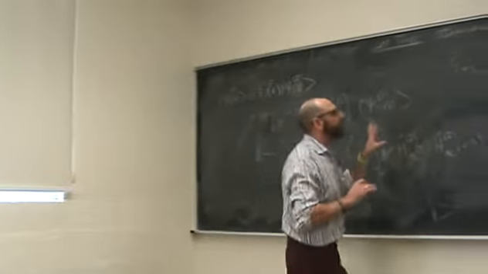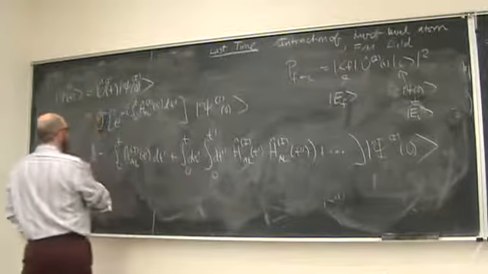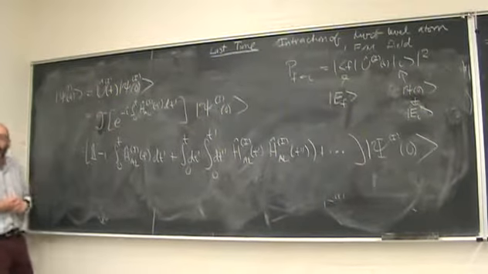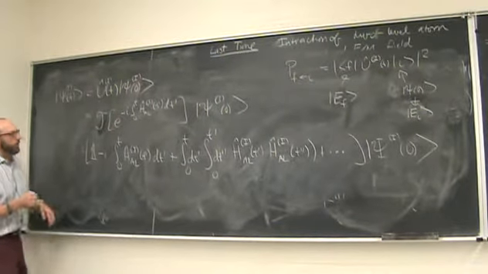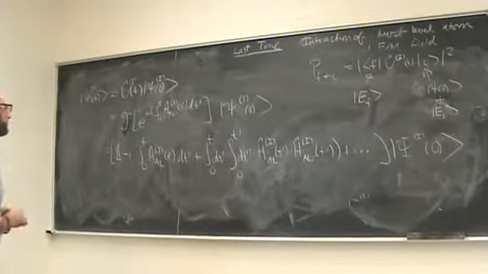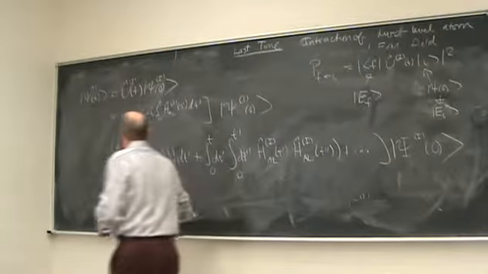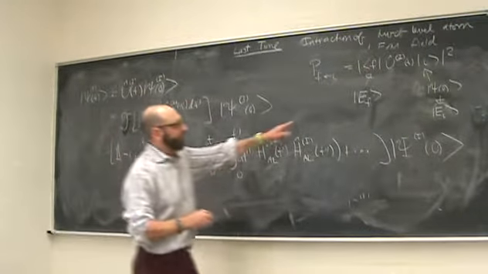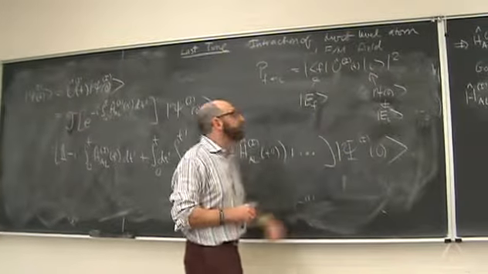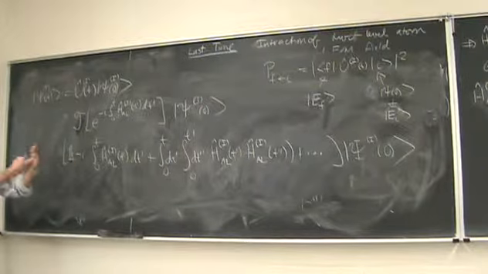Let's think about that transition from the point of view of this picture here. If these guys are two different states, the initial and final state, then this term contributes to nothing, because it's orthogonal.